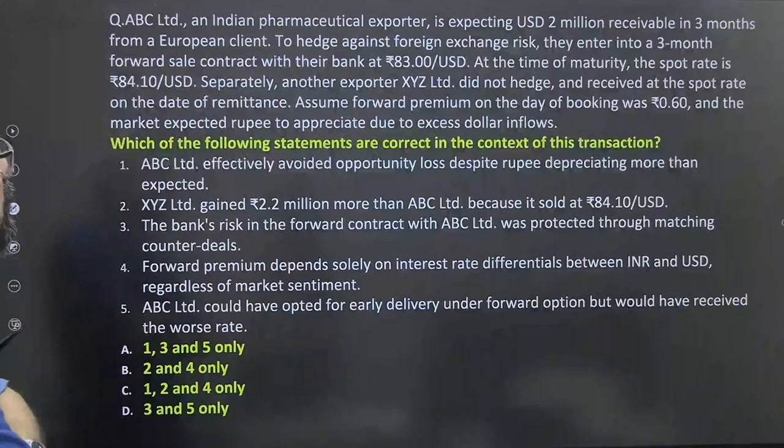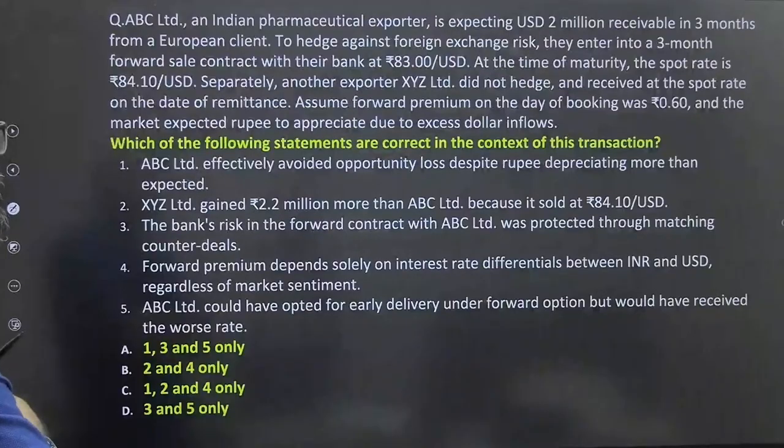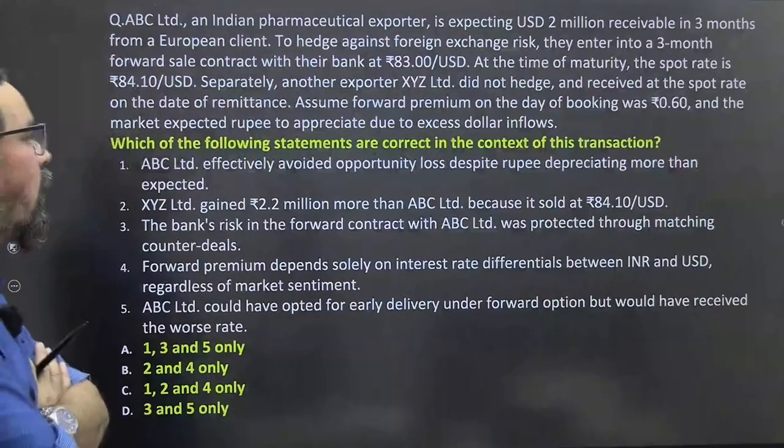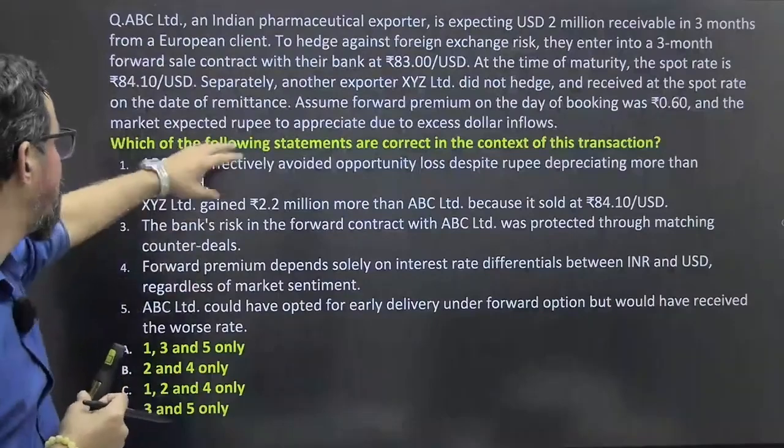At the time of maturity, the spot rate was 84.10. That means it is at a discount. Separately, another exporter did not hedge and received at the spot rate on the date of remittance. Assume the forward premium on the day of booking was 0.60, and the market expected the rupee to appreciate due to excess dollar inflows.